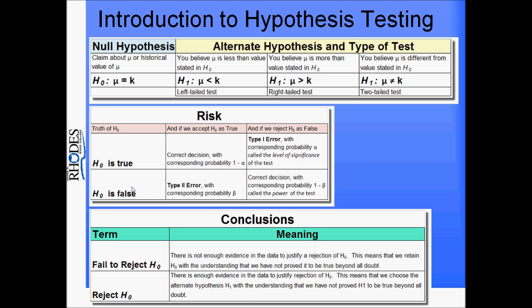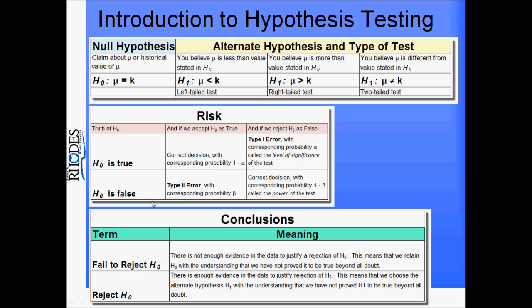Now your type 2 error is, let's get into this. Let's say H sub 0 is false. The distributions are not the same. If you accept it as true, let's say they're not the same, but you say that they are, that's known as type 2 error.